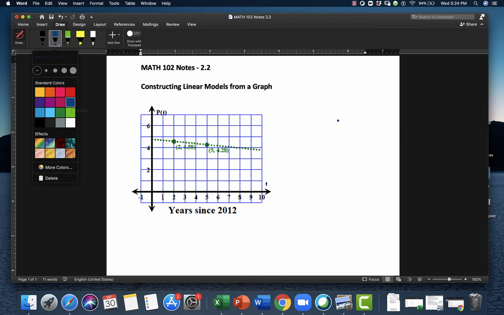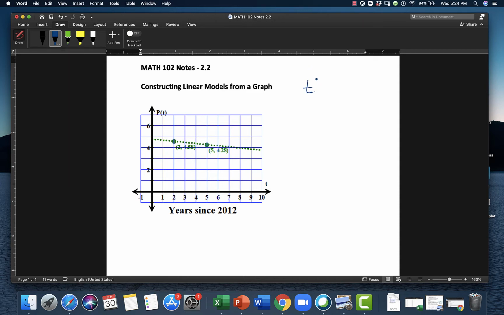We can begin by recognizing that we have a couple ordered pairs, so we can set up a table in the form t and then p of t. Note that these are the variables provided on the graph, and t would be the input variable, which is the independent variable, and p of t is the output variable, which would be the dependent variable.